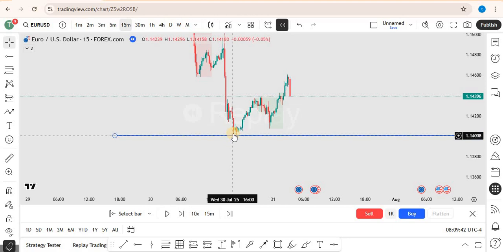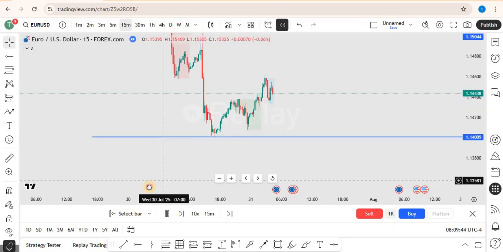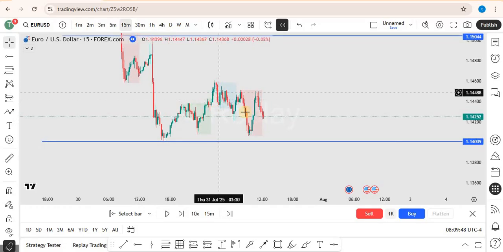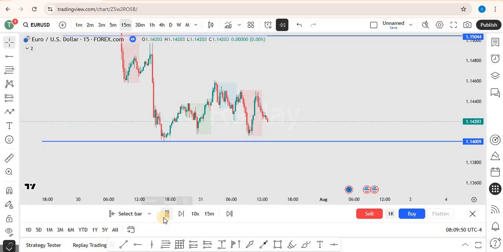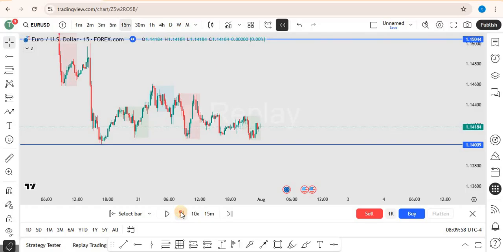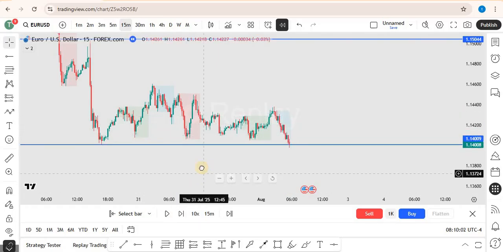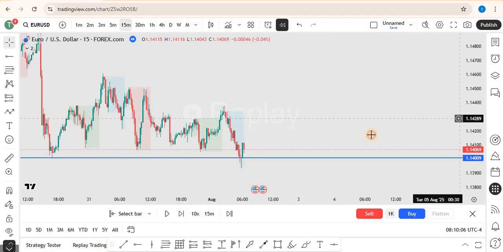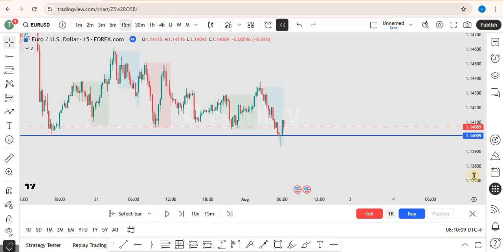See, we have this low, okay, and price will consolidate on this area, consolidate one whole day, and give you a reaction.